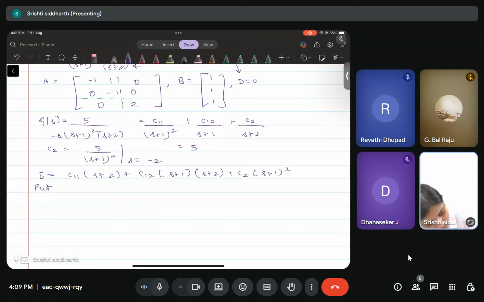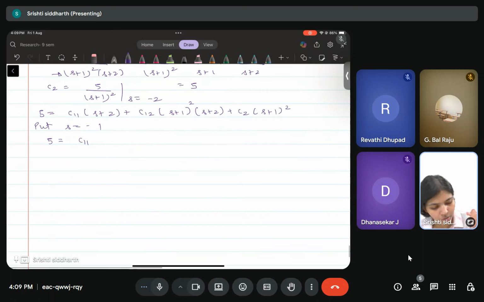So if we put s equals minus 1, we get c11 times 1, and the rest of the terms are 0. So we get c11 equals 5. We already know what c2 is.